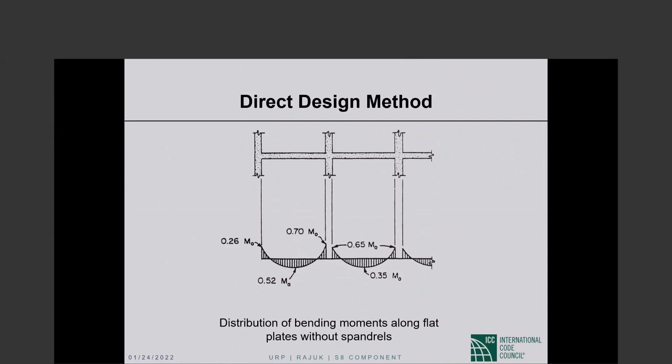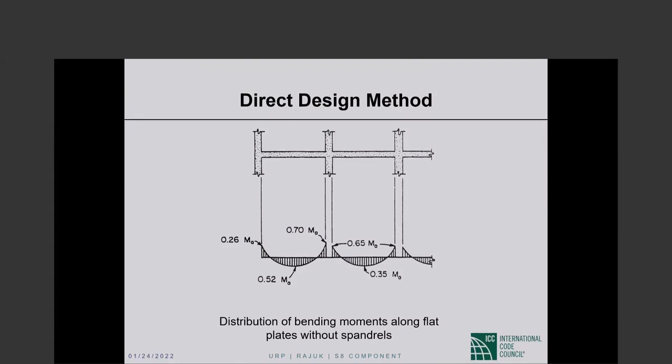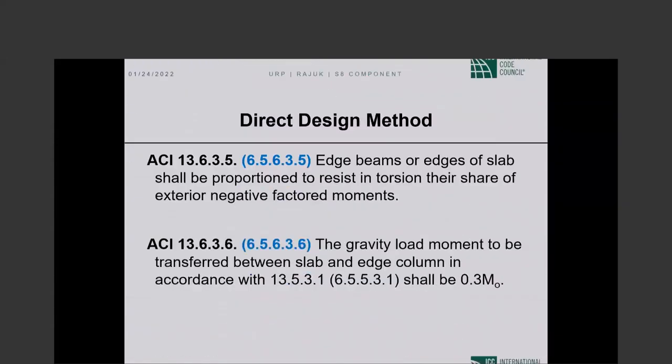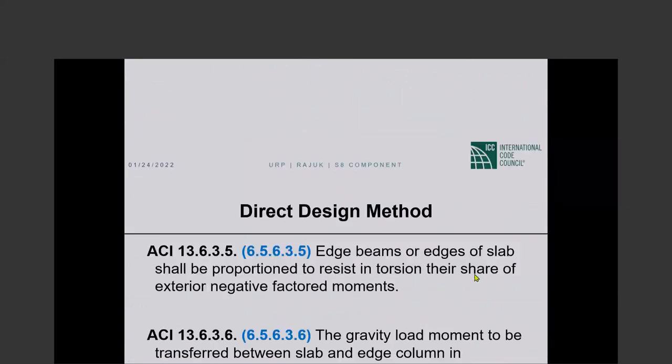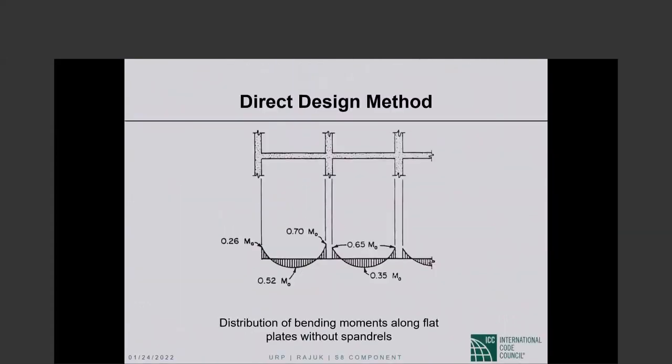So normally you will expect to transfer the 26% of M sub 0 to the column. But ACI 318 is specifically telling you, instead of transferring 26% of M sub 0, when you are doing shear design only, not flexural design, you will transfer 30% of M sub 0. You will increase the transfer moment because that is conservative with respect to shear.